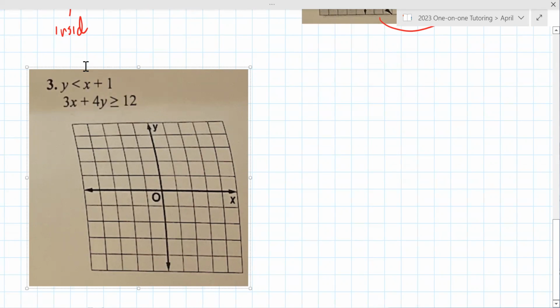So same thing, slope intercept, checklist there, just knock it out and let me know when you're done, and I'll graph something similar.